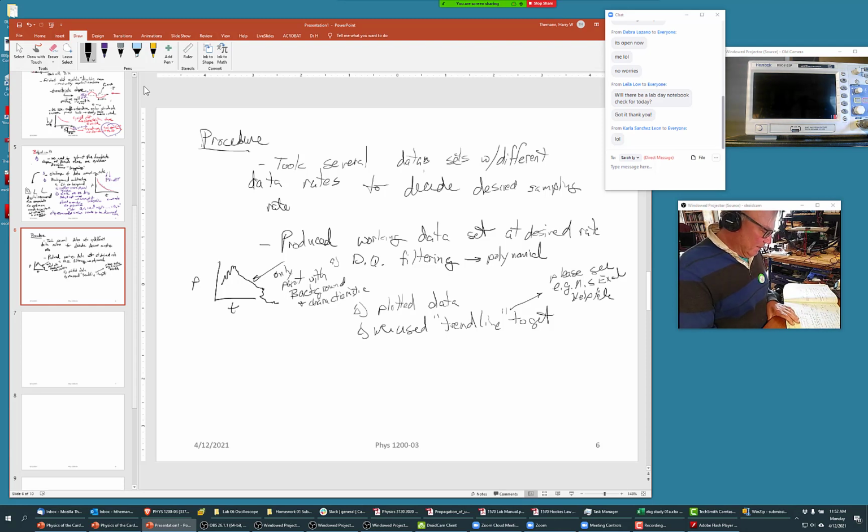To determine, this is C, 1, the order of the polynomial, and seed or start numbers for fitting, final fitting.